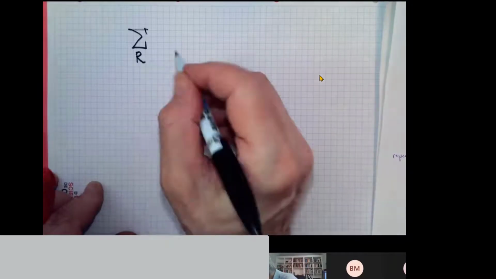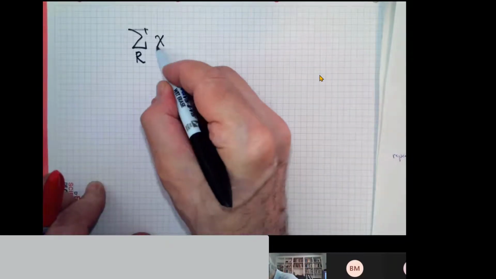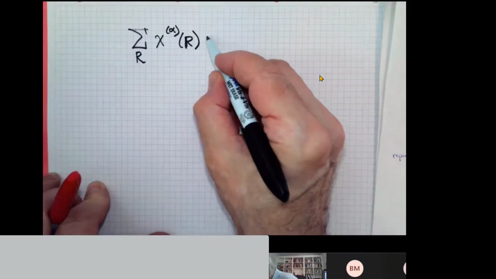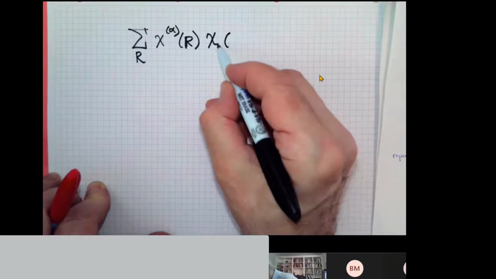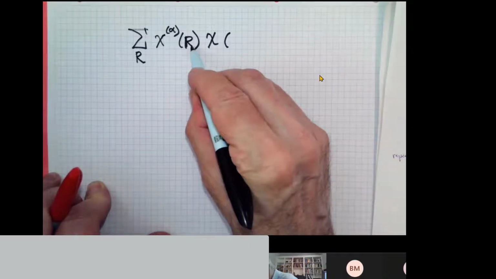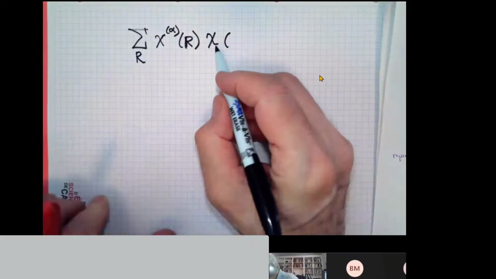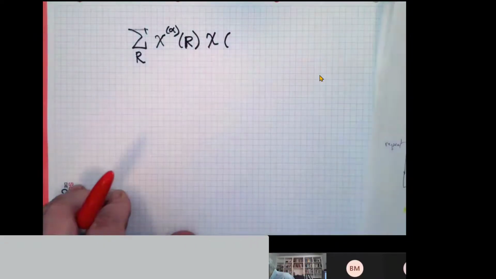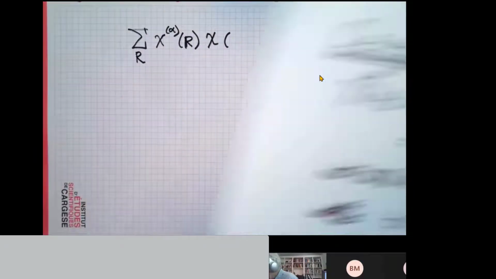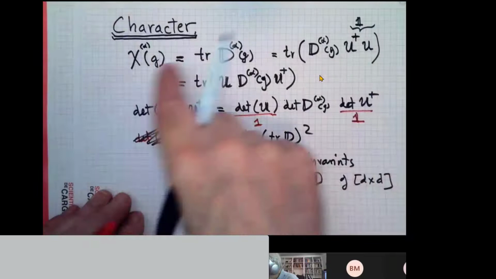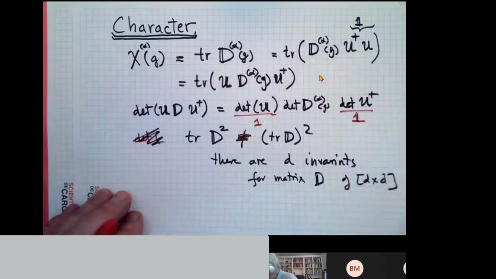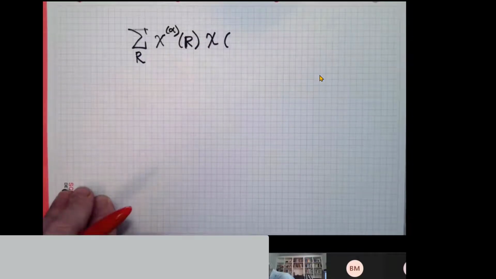Sum over group elements, chi alpha of group element, times chi. So this is just a number, it's not a matrix. This is an abstract operation, but the way the character was defined is that I use the representation to take the trace. Remember, character was defined: you take a matrix representation, sum up the diagonal for a given group element. So that's the first one.